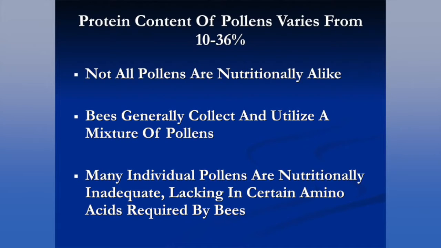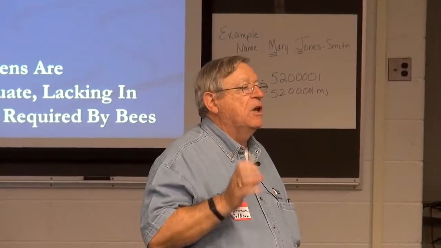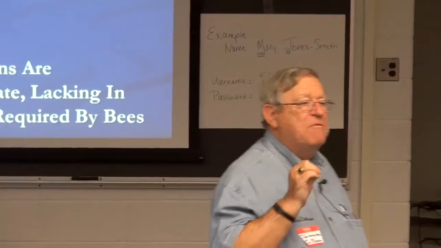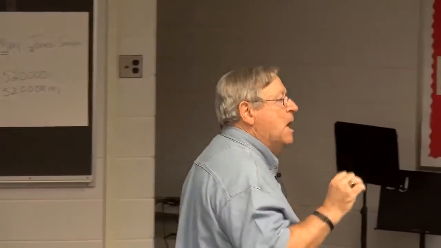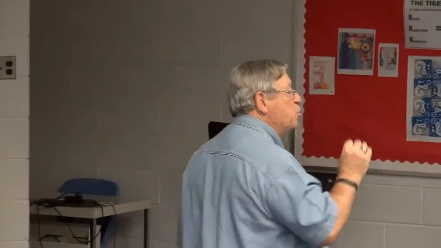What you need to realize is that not all pollens are nutritionally alike. The protein content of pollens can vary anywhere from 10 to 36%. Bees generally collect and utilize a variety of pollens, and this is extremely important. Let me give you one example. Dandelion pollen lacks two essential amino acids.